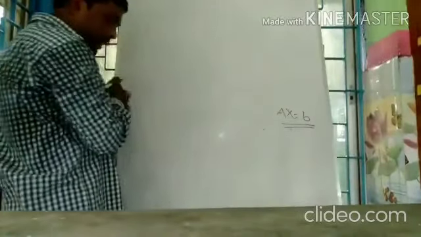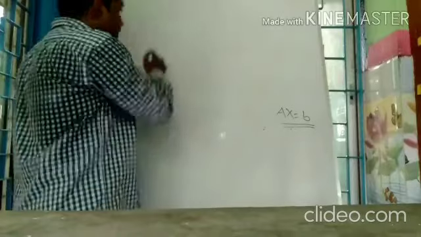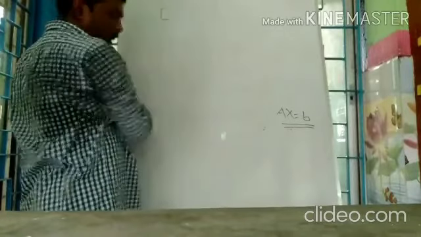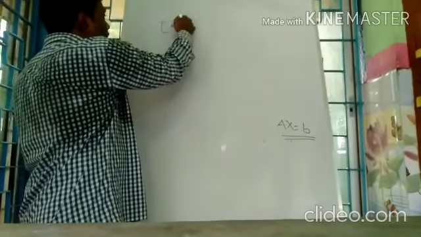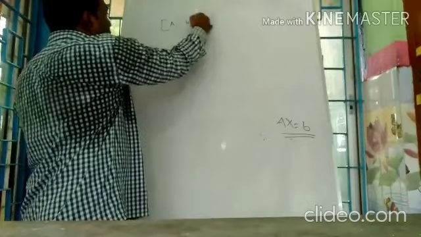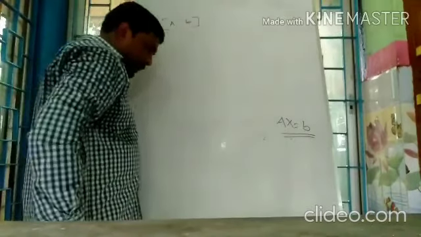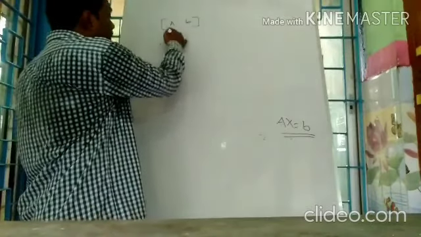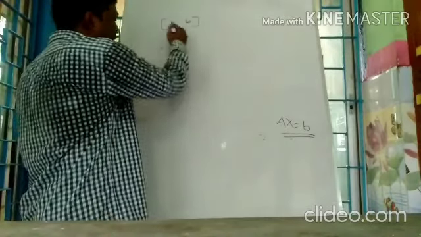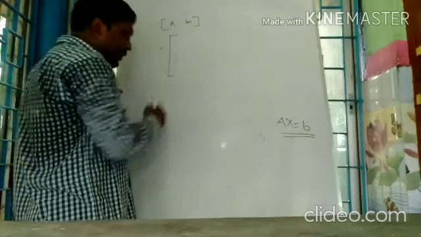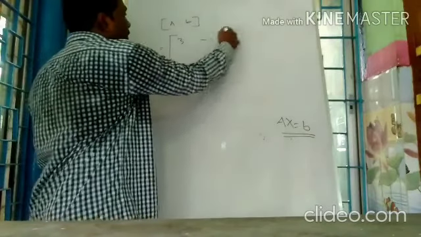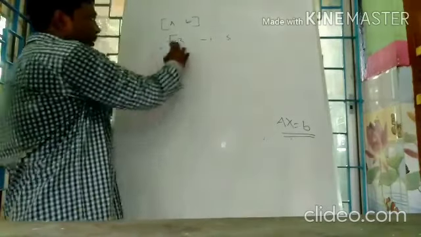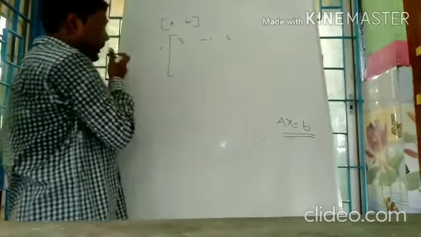Now see, here the augmented matrix A colon B. Here the augmented matrix A colon B is what? That is the matrix A. What is the matrix A? Matrix A is 3, minus 1, 5, the first row of the A matrix.